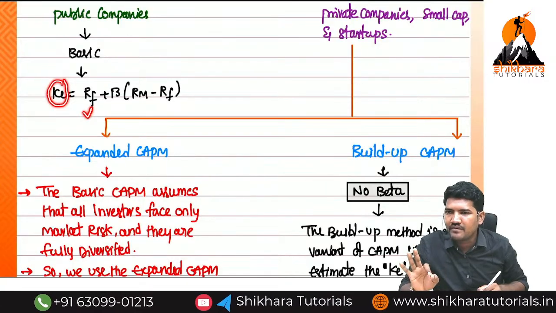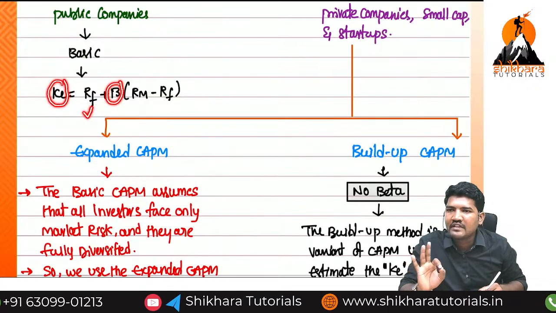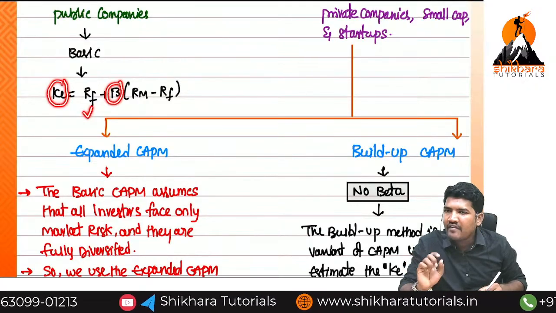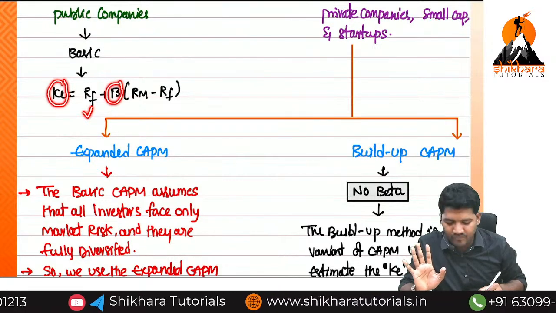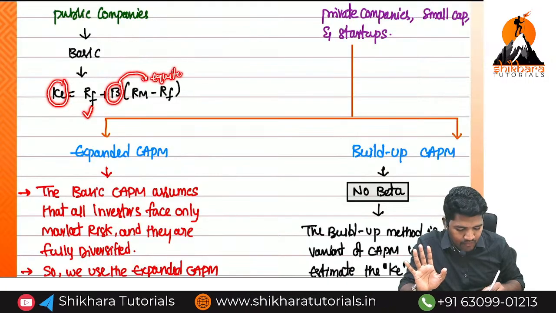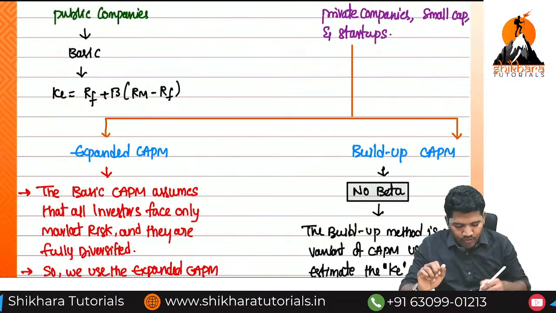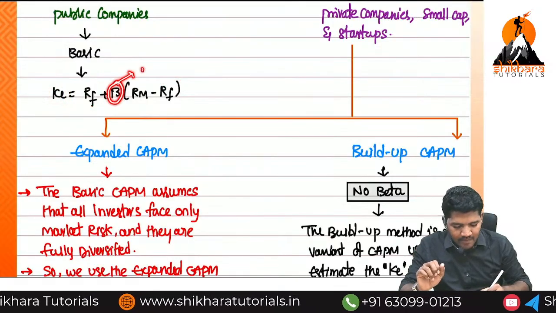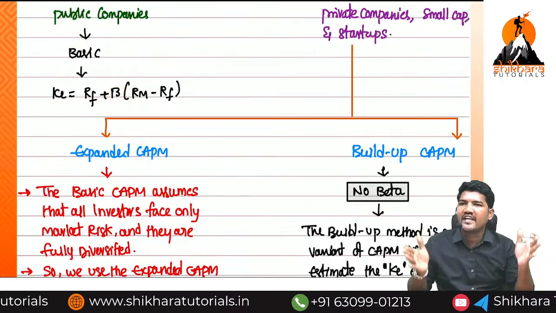That is the minimum requirement. After that, the company says that in our company we have risk. If your company has a risk, I want more premium, more expectation. That's why I'm calculating equity premium with the help of RM minus RF. Here you are affected by only one thing, that is called market risk. It's just theoretical in nature.